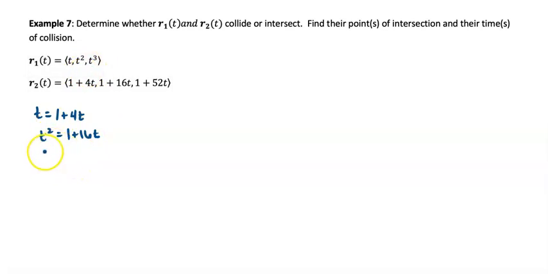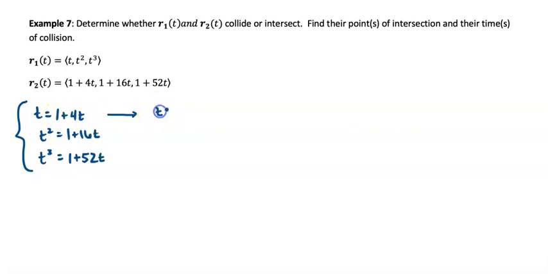And the z component of r1 must be equal to the z component of r2. So now that we have these three equations, if there is a collision, then there is some time t that will be a solution for all three of these components, for the x, y, and z components in this system of equations. So let's go ahead and try to solve for t in the first equation.